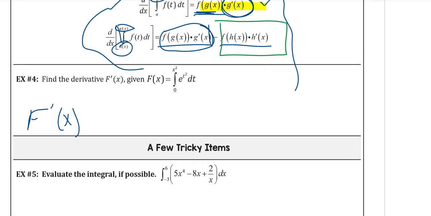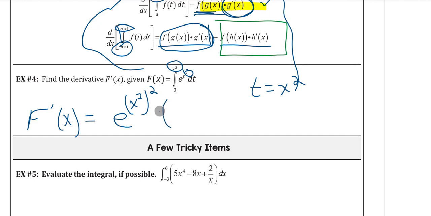Okay, so f prime of x is going to be e to the upper limit, so e to the x squared, and then that of course is squared because we have a squared there, and then because that's got substituted for t, so t gets substituted with x squared, times the derivative, let me put that here, of our upper limit.